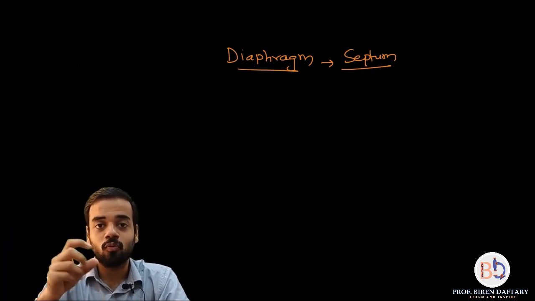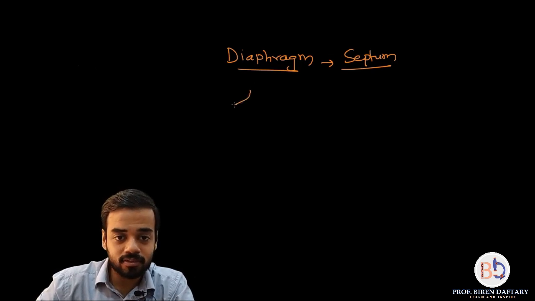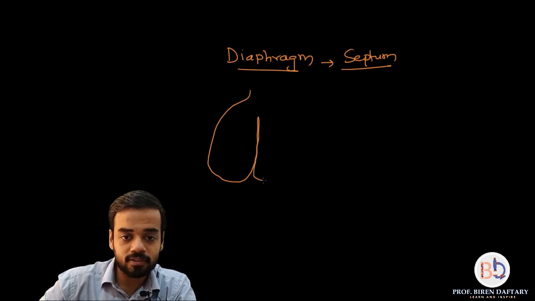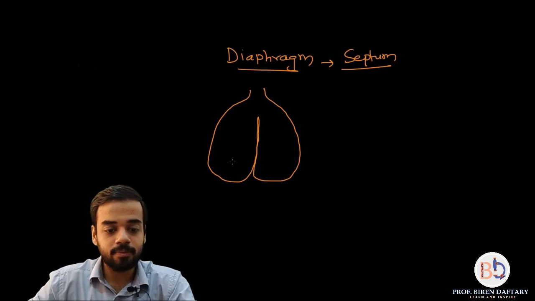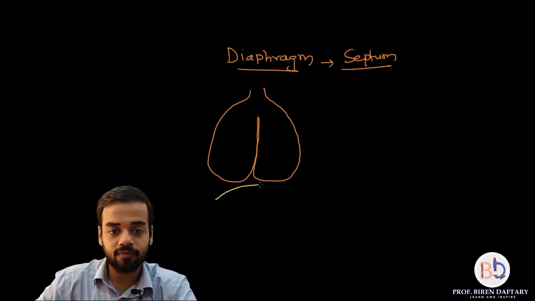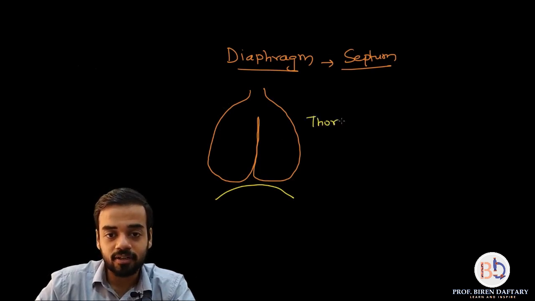Okay, so what is the diaphragm doing? If you remember the structure, right, these are the lungs. And below the lungs this diaphragm is present. This area is called the thoracic cavity, right?